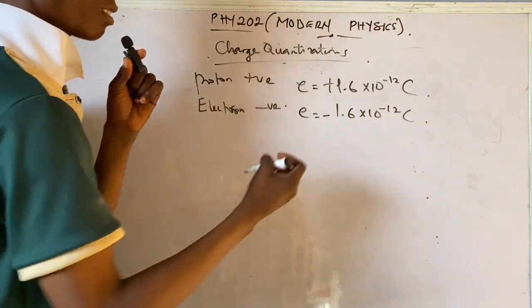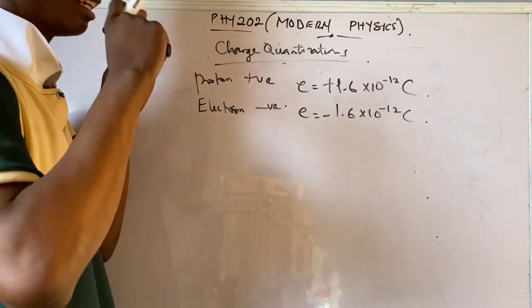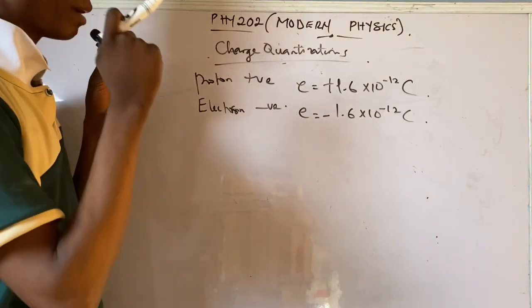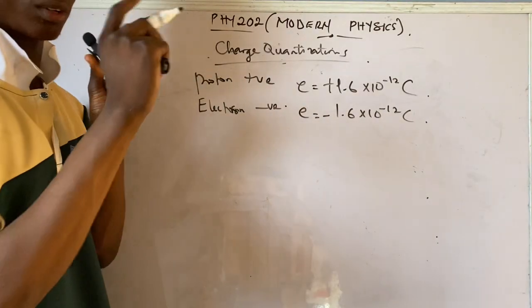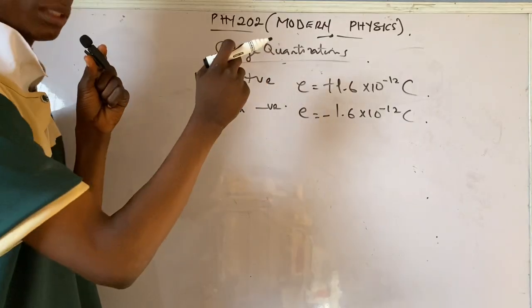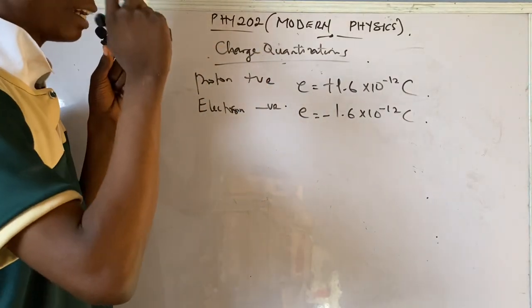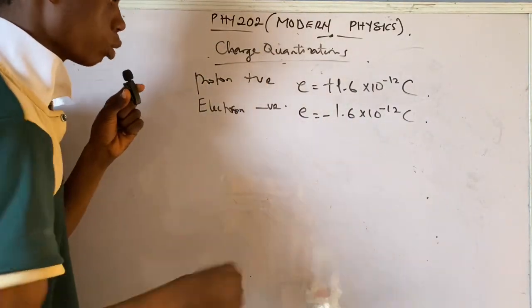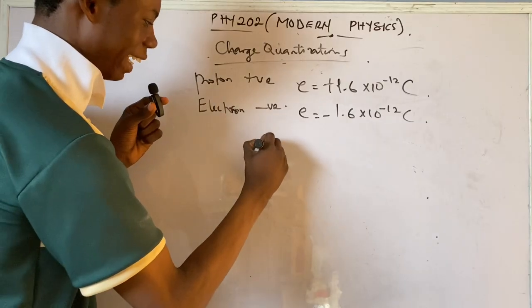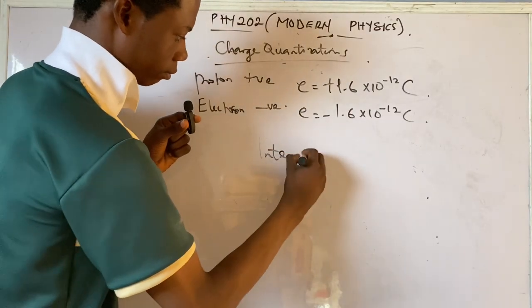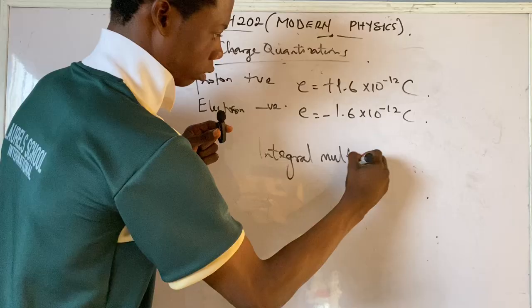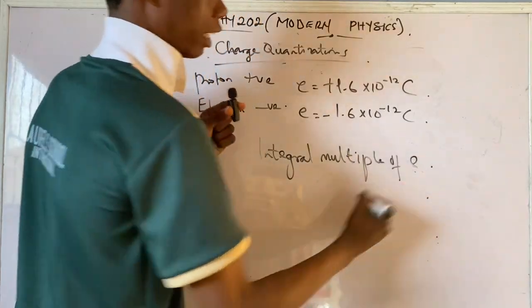If something like this exists, then all other charges that constitute electricity, that makes up any charged particle, the principle of quantization of charge says that any charged particle is going to be an integral multiple of the charge of an electron.